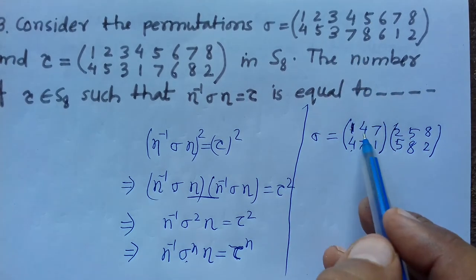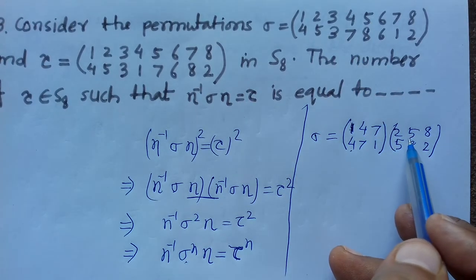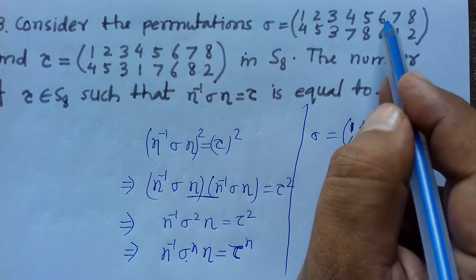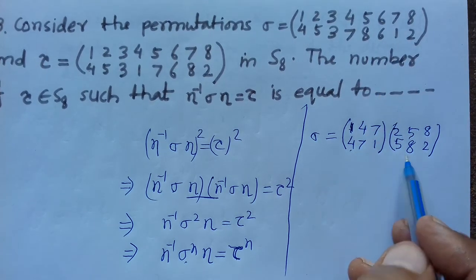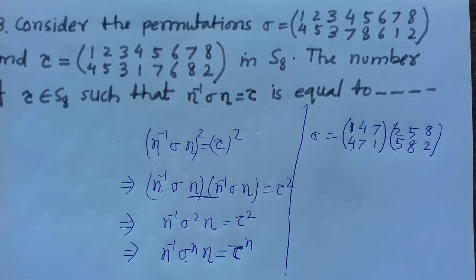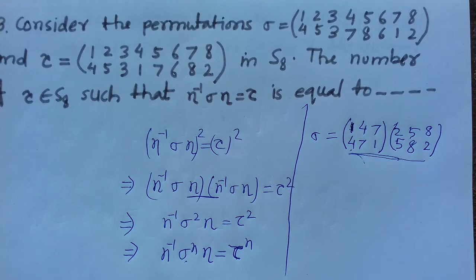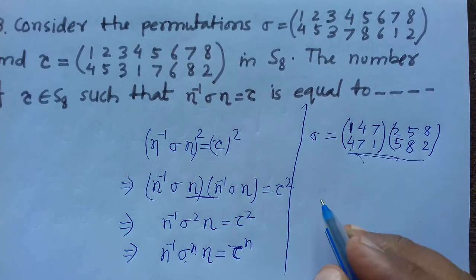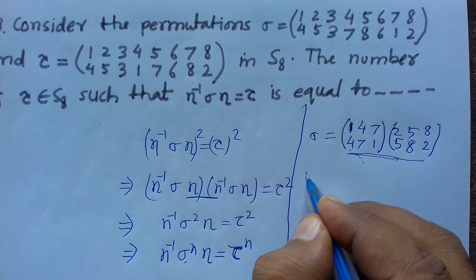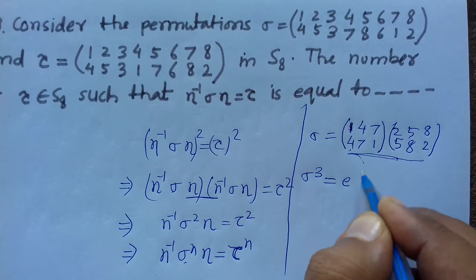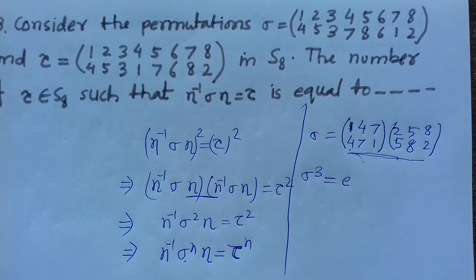Thereafter 4 is already here. 5 we have written for 5. Now 6, you see 6 is constant. So this is the same element in disjoint cycle form. So its order is 3 because both are 3 cycles.